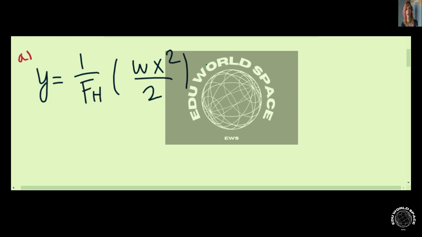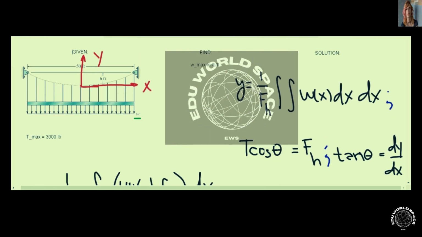The y value that we're going to use is 6 feet, because it was given in the problem. And the x value that we're going to use is 25 feet. The reason we use 25 feet is because our origin is directly at the center of this cable.